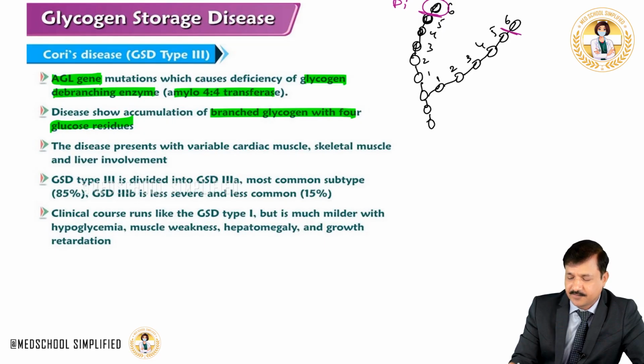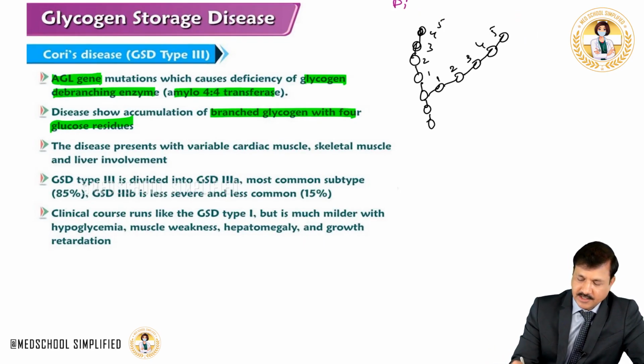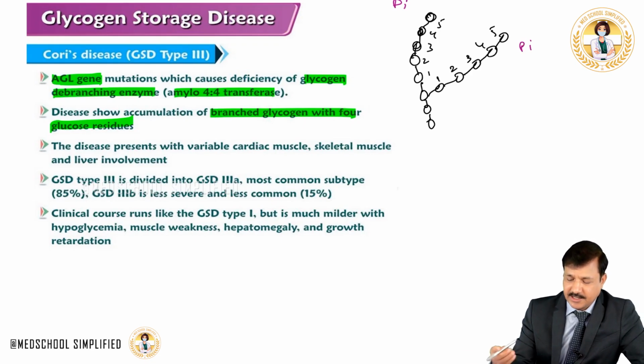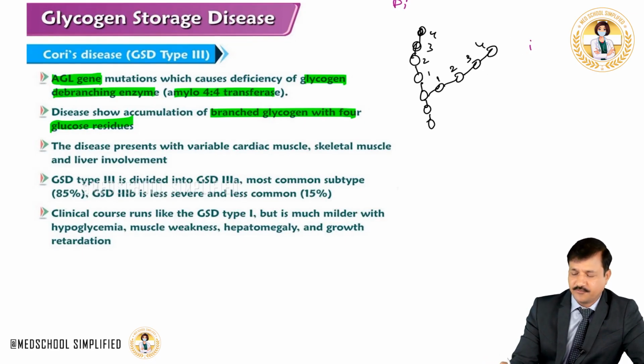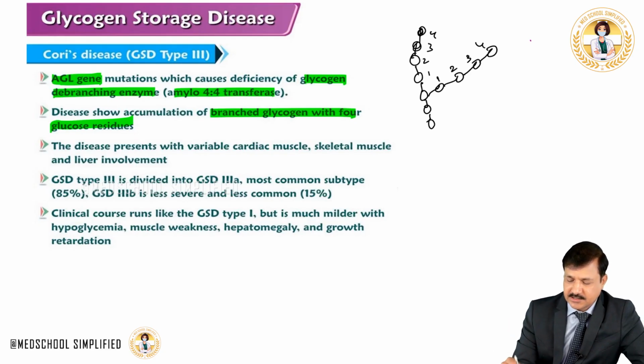Similarly on this side, inorganic phosphate, release this as glucose 1-phosphate. I'm going to take that out now. So that glucose residue is taken out, and then the same thing will happen. Inorganic phosphate has to be incorporated by glycogen phosphorylase to take that glucose out and release it as glucose 1-phosphate. And again glycogen phosphorylase does the same thing.